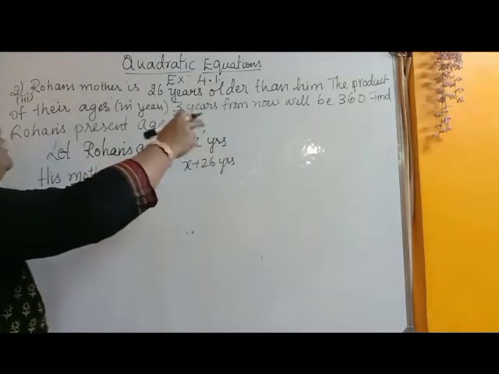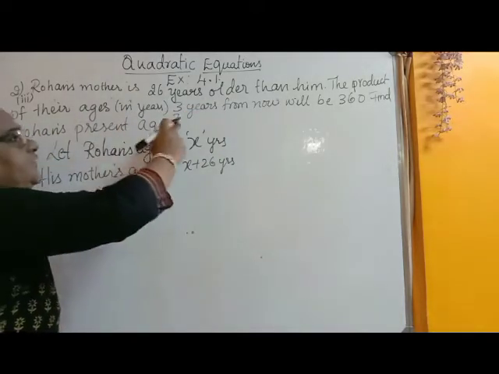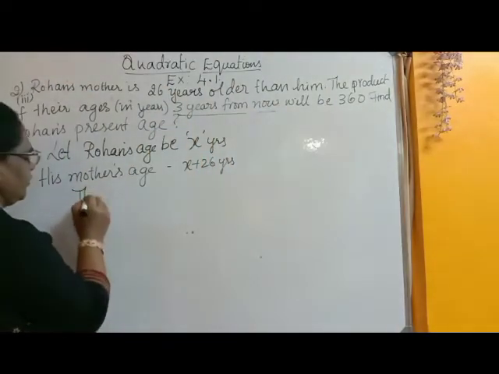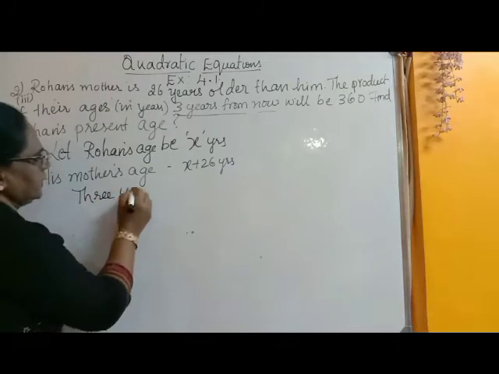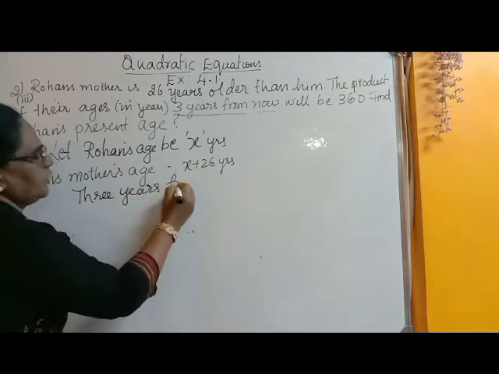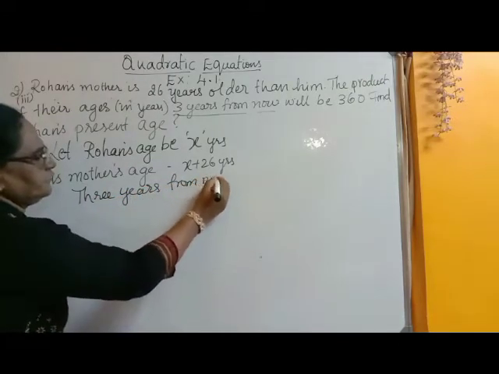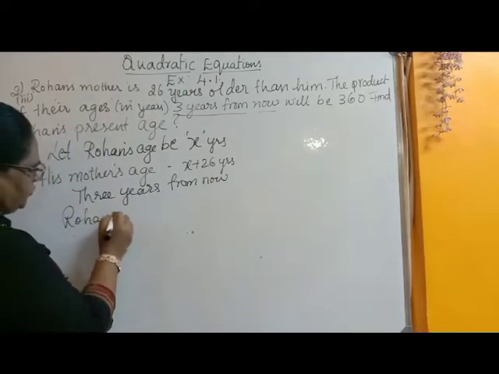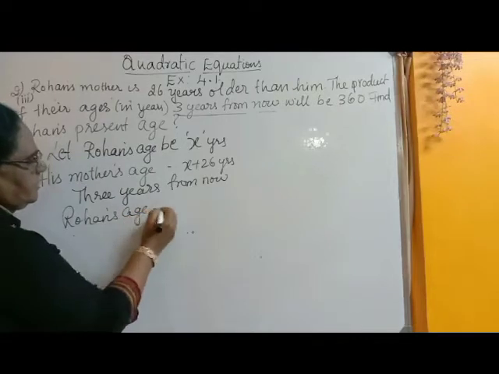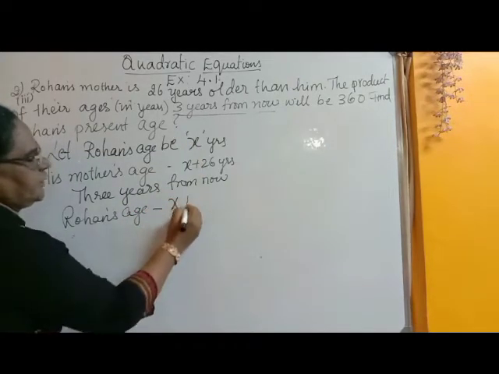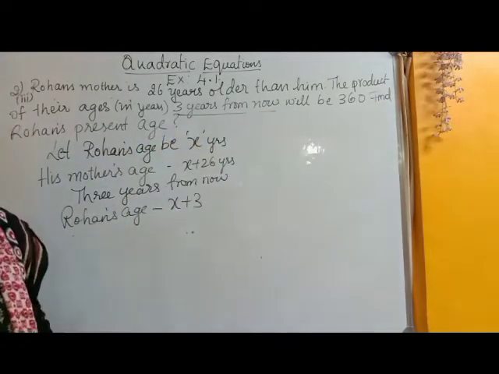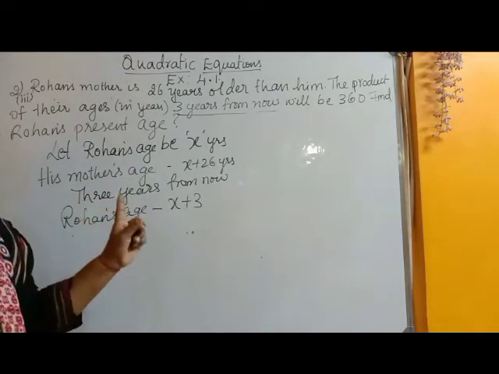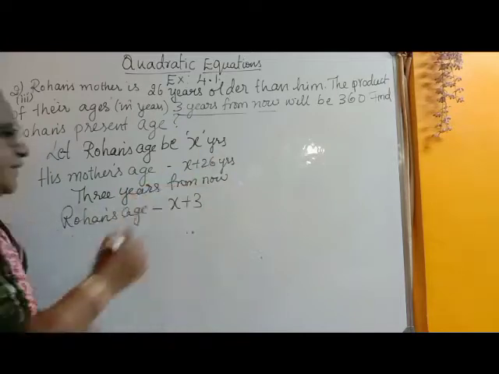Now, the product of their ages 3 years from now. At that time, Rohan's age, what is his present age? x. After 3 years his age will increase by another 3 years, so his age would be x plus 3 years.